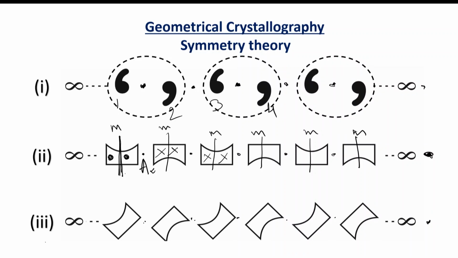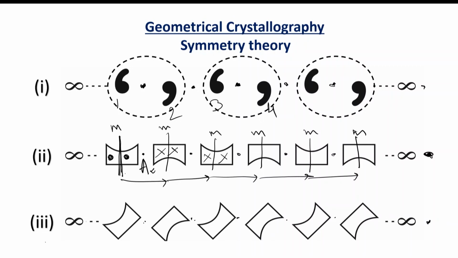But remember that as the motifs are placed with respect to a translation, if I think about a mirror plane, then they also need to be in the same direction with the same magnitude. They need to be placed in a uniform manner.